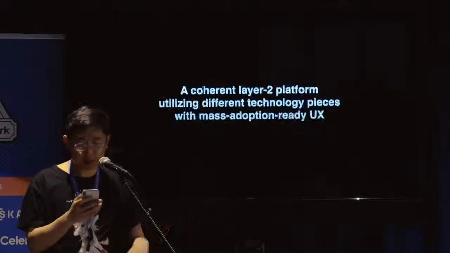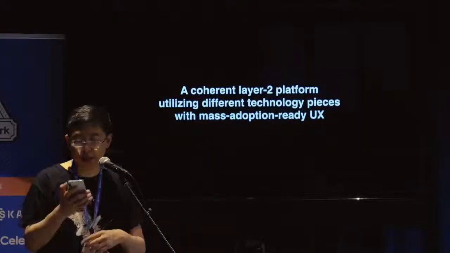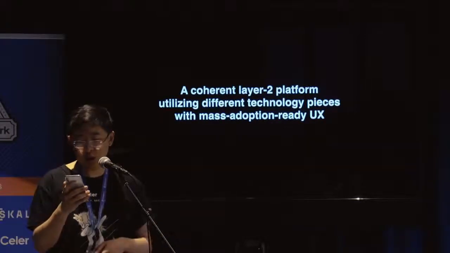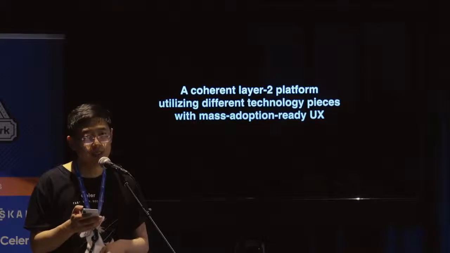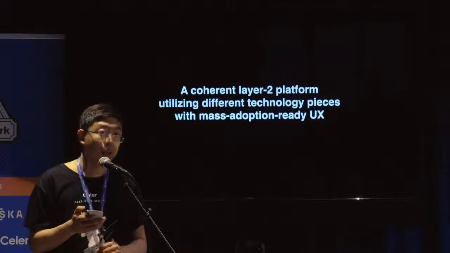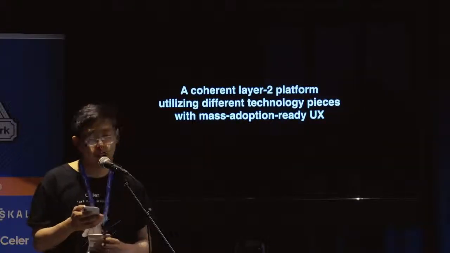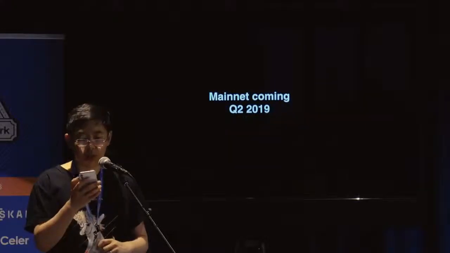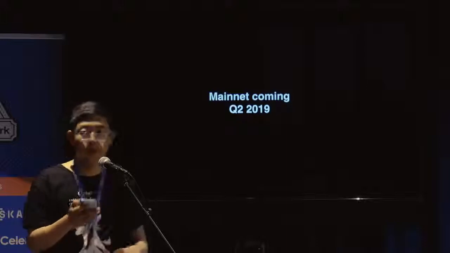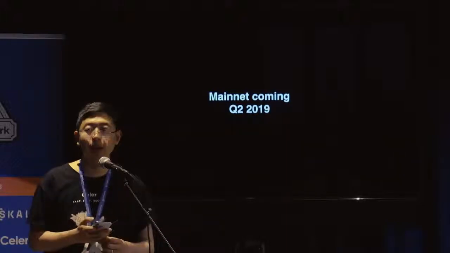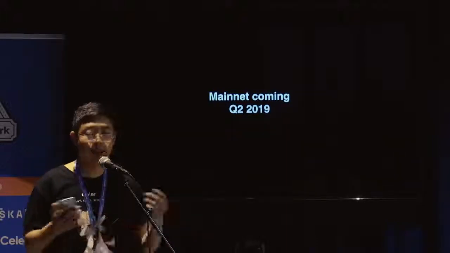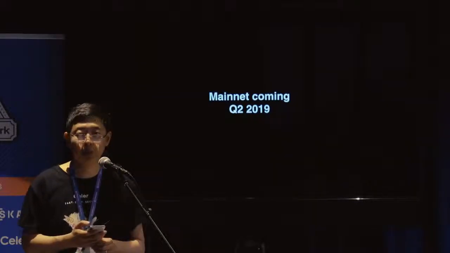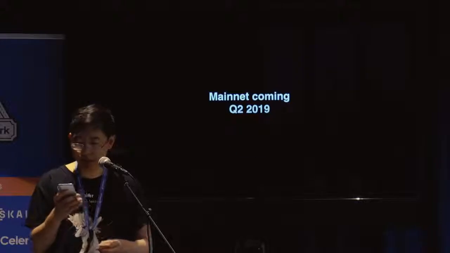And what's next for us on the technical side is that we're building a coherent layer 2 platform using different technology pieces and with a mass adoption ready UX, including state channels, but we are also looking at sidechains as well. Our mainnet launch is coming in Q2 2019. We'll have some exciting activities, and hopefully we fix many of the UX problems. It'll be great to have you guys try it out and give feedback then.